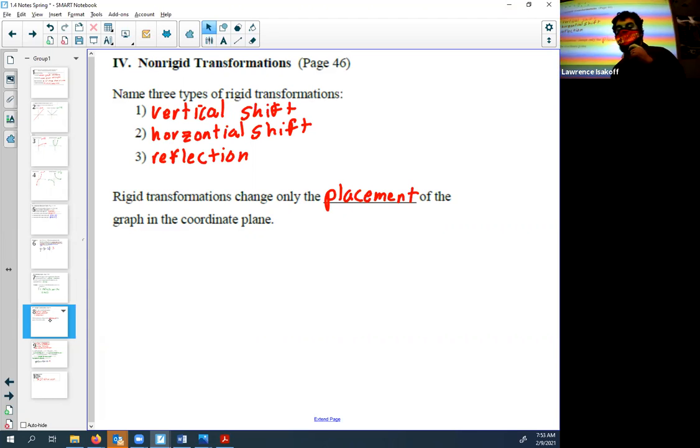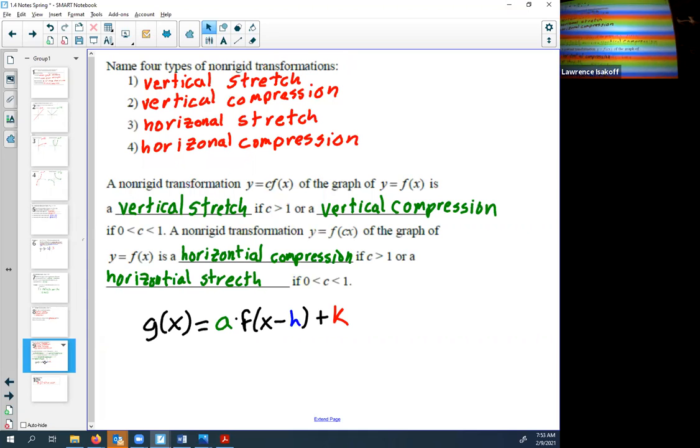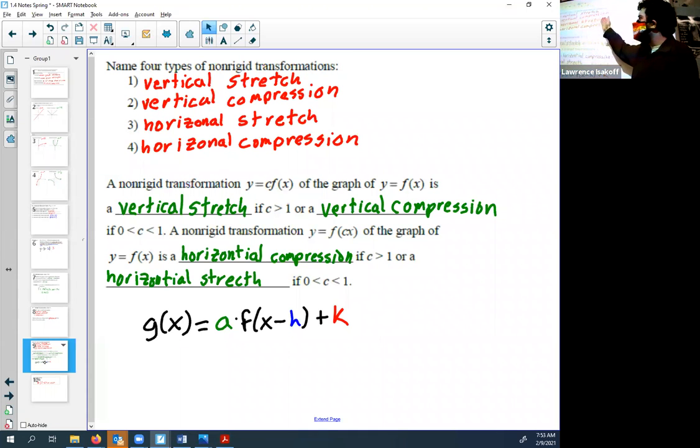The shape and size are unchanged during our rigid transformations, which will take us now to our four types of non-rigid transformations. We have vertical stretching and compression. That's where we're going to focus on with most functions. There technically is horizontal stretching and compressing.